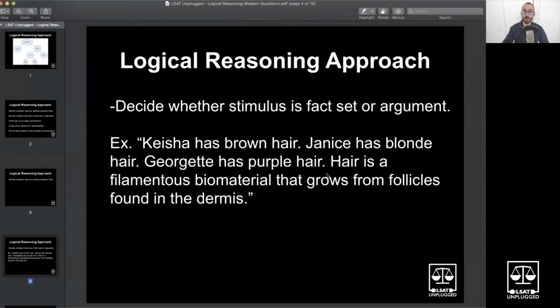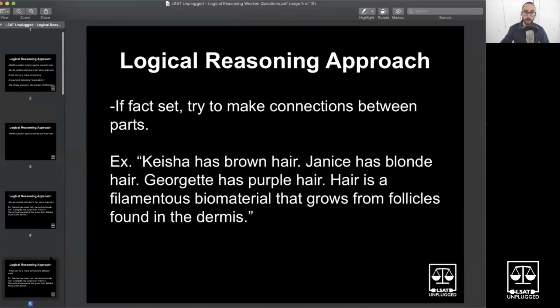And then in that case, they would be paraphrasing or rewording things in some way. Maybe it would be that really useless connection there, but it could be, okay, well, Janice has blonde hair. What's another way to say that? Janice's hair is relatively lighter than Keisha's hair. That would be one way they could draw out an inference from that. Again, not the most exciting, but technically possible.